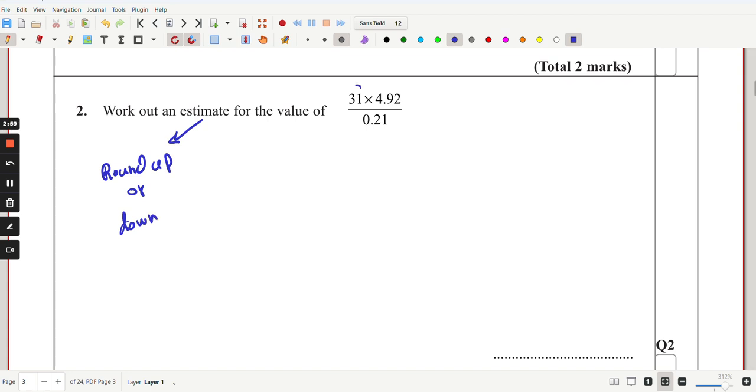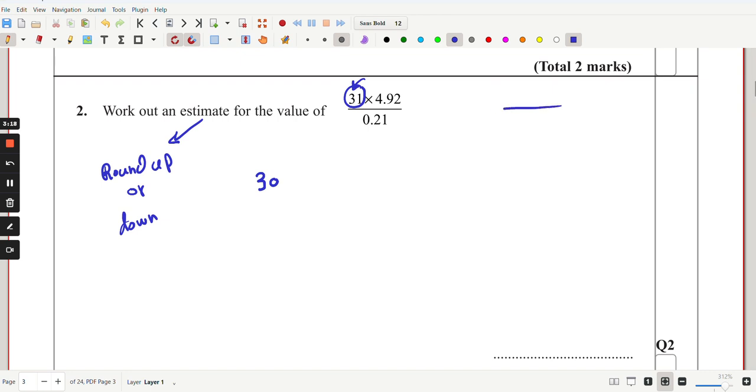Now 31, we can round it down to 30. That means we are correcting to the nearest 10. Our target digit is 3, next to 3 is 1, less than 5. We cannot add 1 to 3, so it's 30.